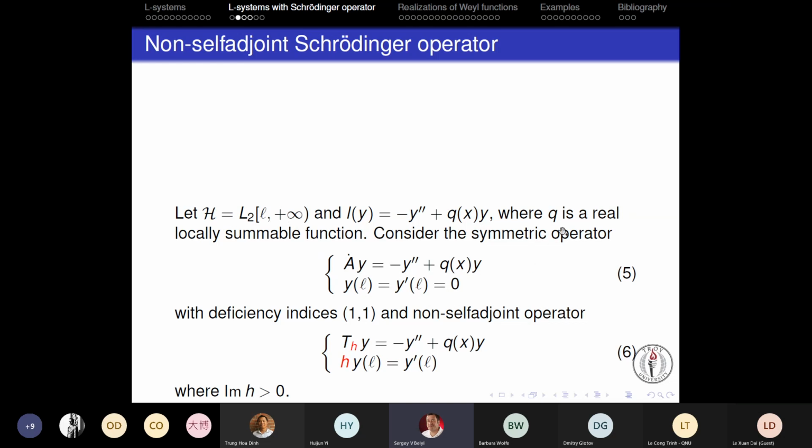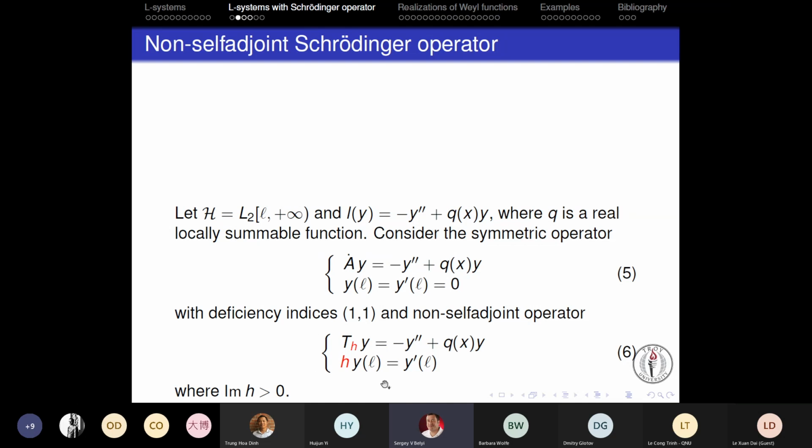The potential q here is considered locally summable, real locally summable functions. So we'll consider operator E dot, a symmetric operator based on this differential expression, with boundary conditions zeros on the right end, and deficiency indices 1, 1.